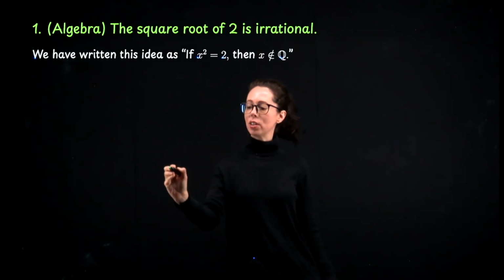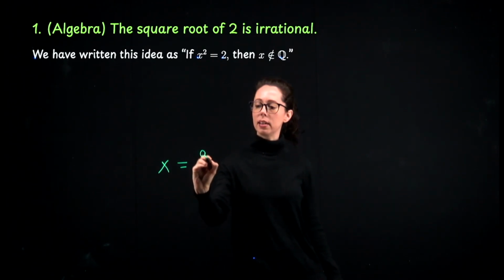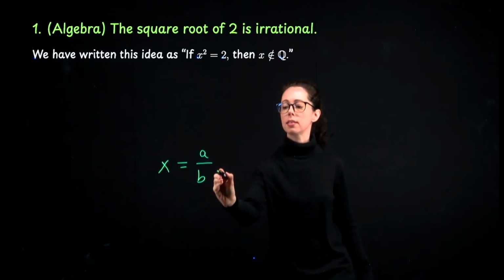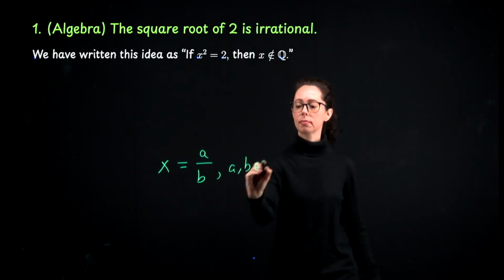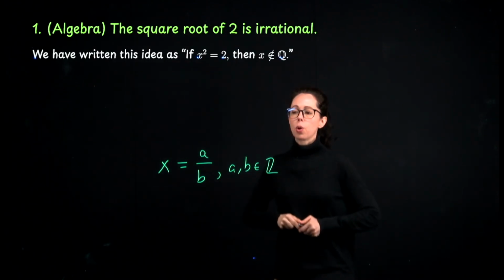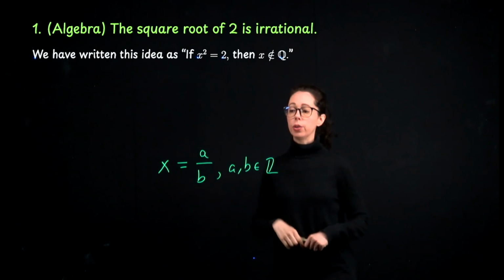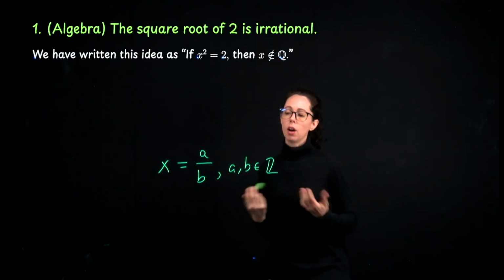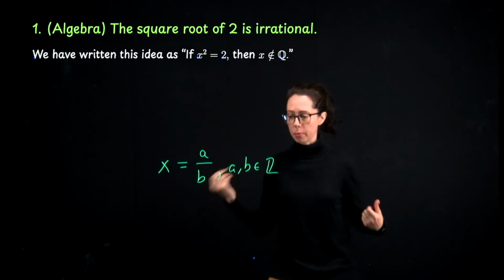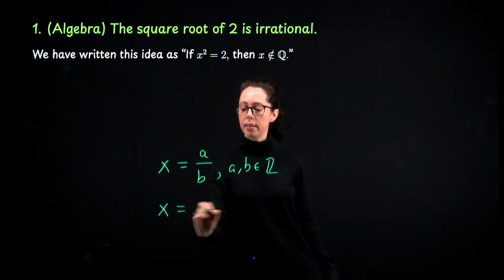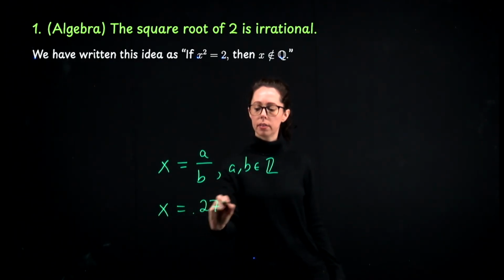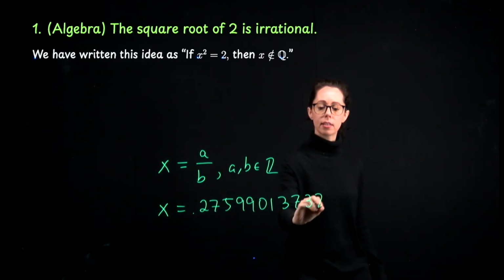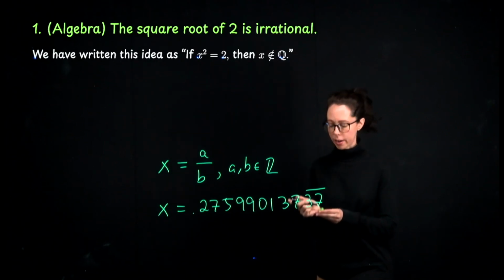In other words, if x is rational, then we could write a over b, where a and b are both integers, and b is non-zero. So a rational number is one where you can express the number as a ratio of integers. Also, rational numbers have a property, if you look at their decimal expansions, that eventually they fall into some kind of repeating decimal pattern.